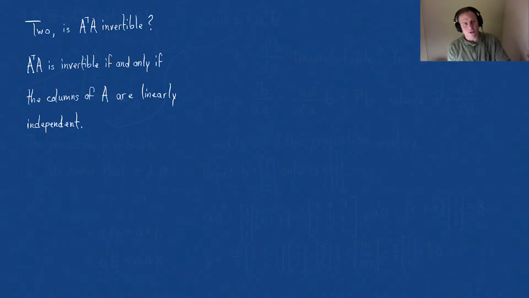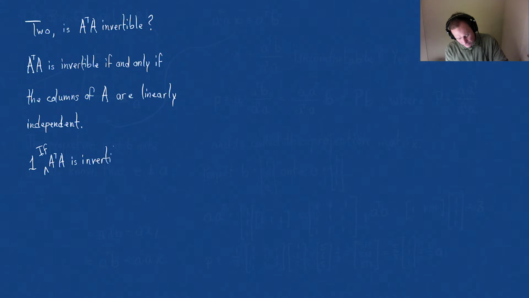This one works in kind of a funny way. The first proof is you have to show that if A transpose A is invertible, then A has independent columns.